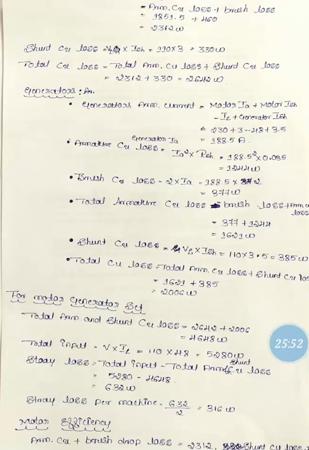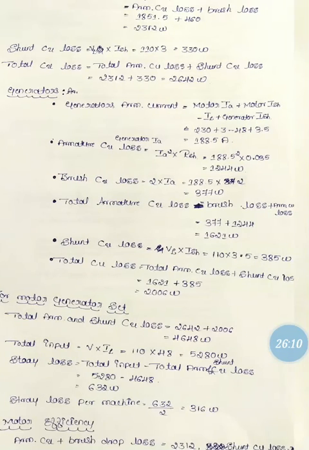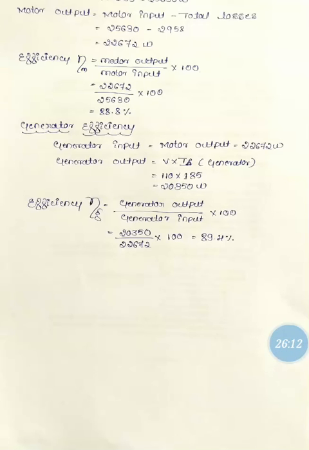Then for the total loss, we add all these losses: 2312 watt armature copper plus brush drop loss, 330 watt shunt field winding copper loss, and 316 watt stray loss. We get the total loss as 2958 watt.